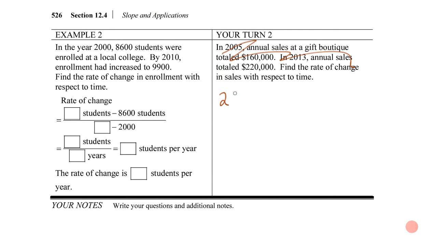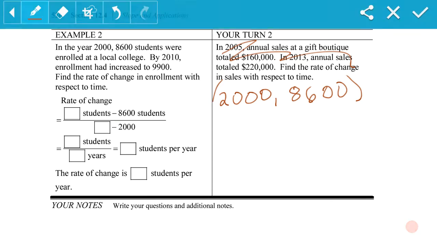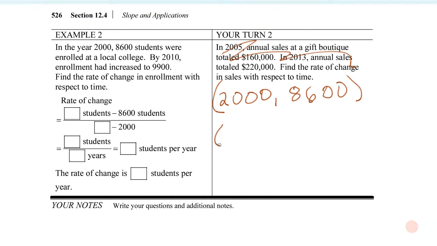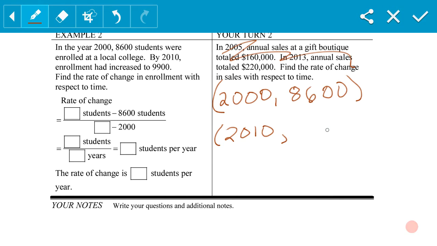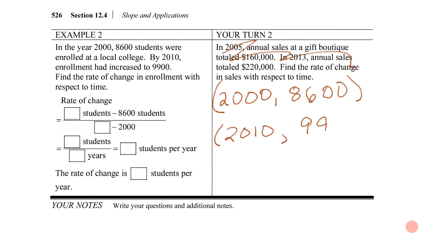So in the year 2000, we have 8,600 students. So we're going to use that as x and y. In the year 2010, we have 9,900 students.